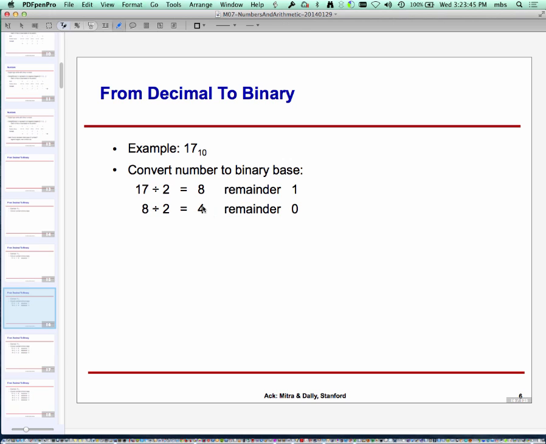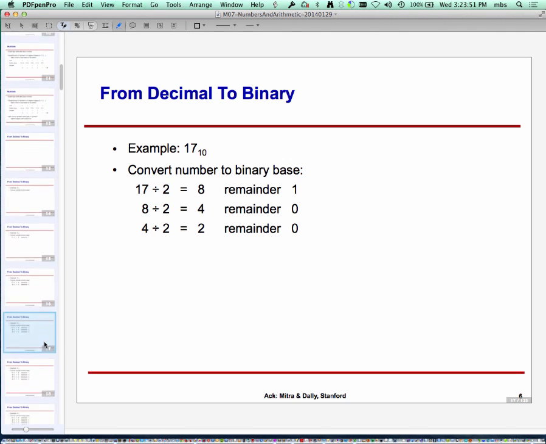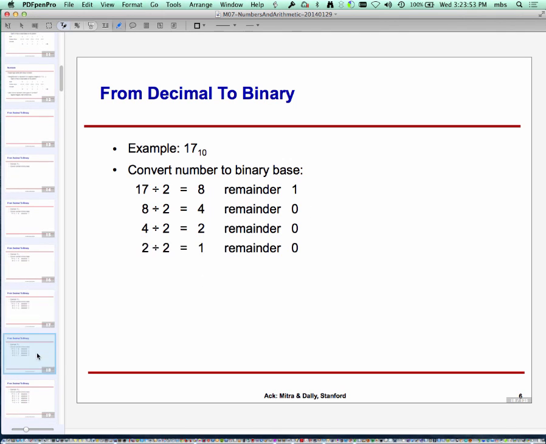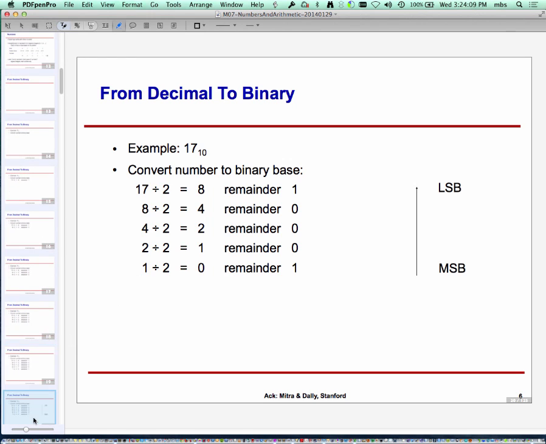So it tells us which group of 4 do I lie in, and I repeat this process. So divide by 2 again, look at the remainder, divide by 2 again, look at the remainder, and then finally 1 divided by 2, 0 with a remainder of 1, and then we are done. So that's what we end up with.